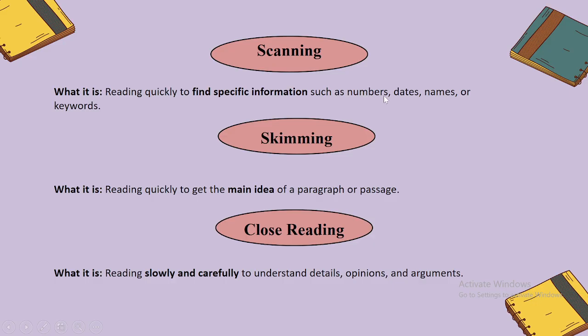Scanning means you are trying to search for something very quickly. For example, if the passage mentions a year like 2000 or 2020, it is very easy to identify. So it is called scanning.